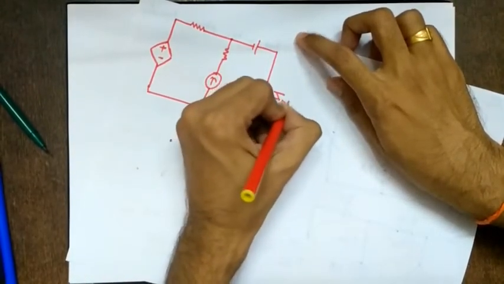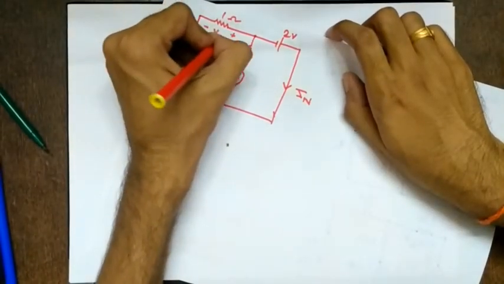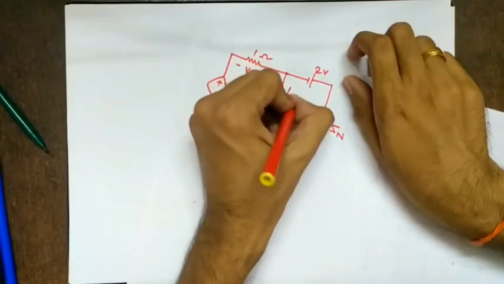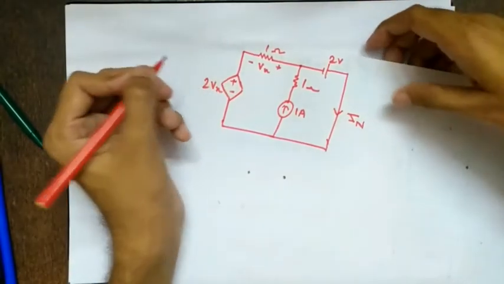This is to be found out, IN. 2 volts, 1 ohm, 2 volts, 1 ohm, plus minus in this direction Vx, this is 1 ampere, this is 1 ohm, this is 2 Vx, right?